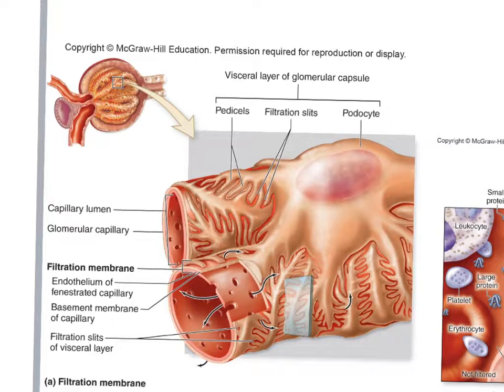Only materials that are small enough to pass through those slits are allowed out of the glomerulus, the glomerular capillaries. So it's based upon size.